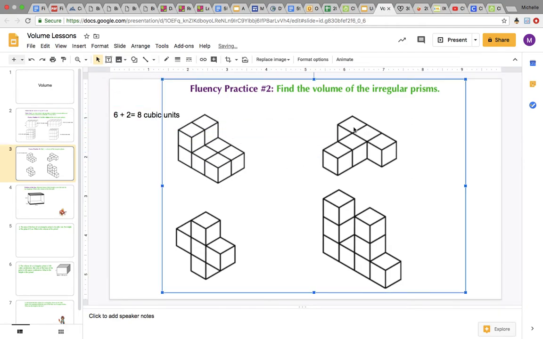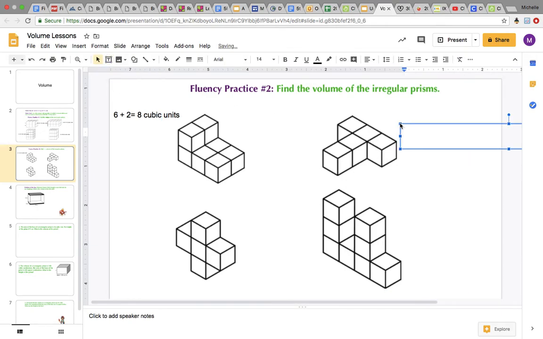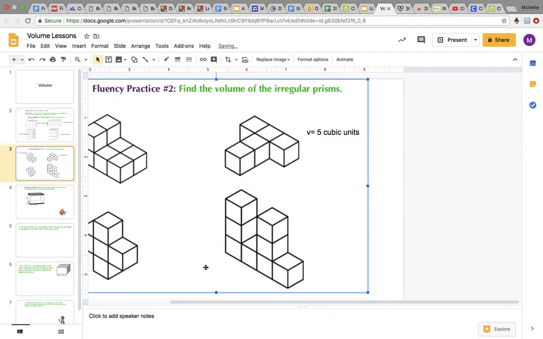All right, over here we have 1 total layer, so we can simply just count the boxes. We've got 1, 2, 3, 4, 5 total boxes. So our volume is going to equal 5 cubic units. All right, let's go down to the bottom.